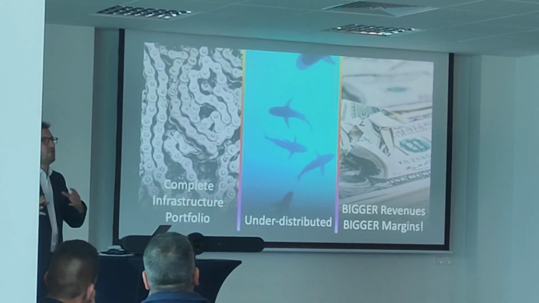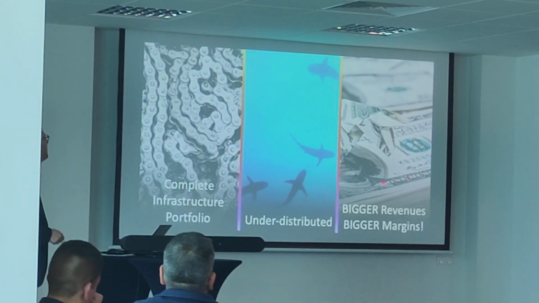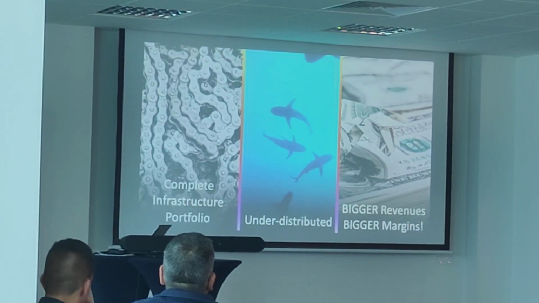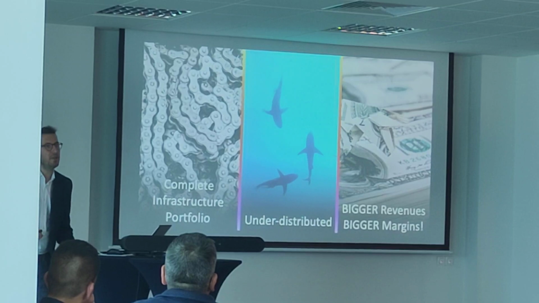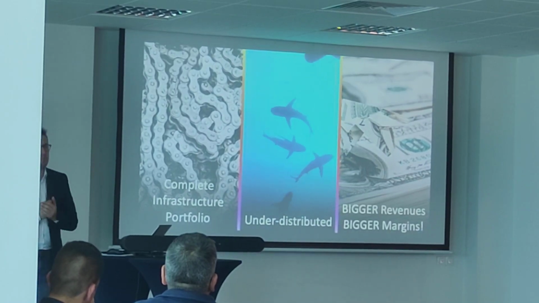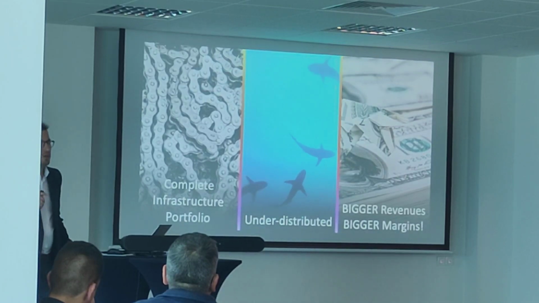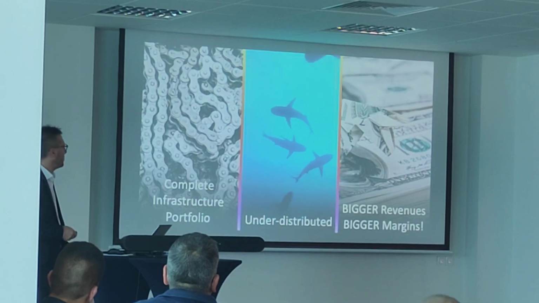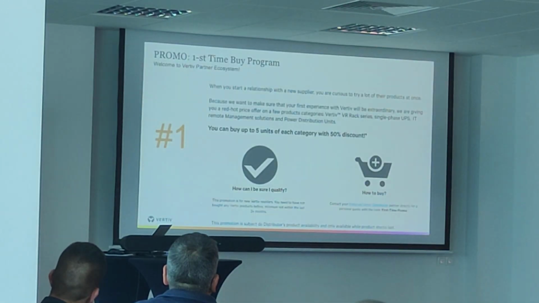And if there is so much space and so little competition, of course, we are talking about bigger revenues and bigger margins. If you want to sell with more than 2 or 3% margin, if you're thinking about doing big business with 15% margin or more, you should go into this part of infrastructure, and you should go with us.